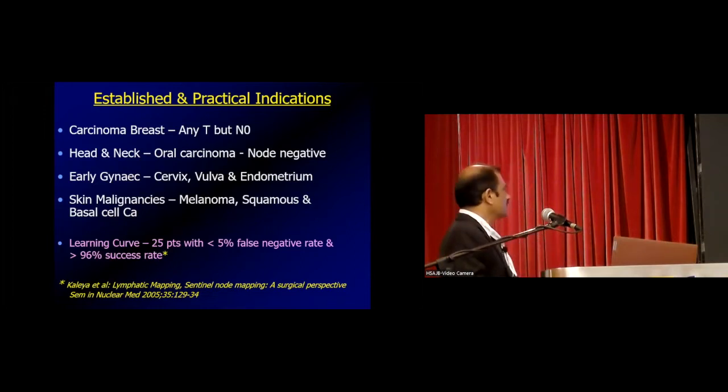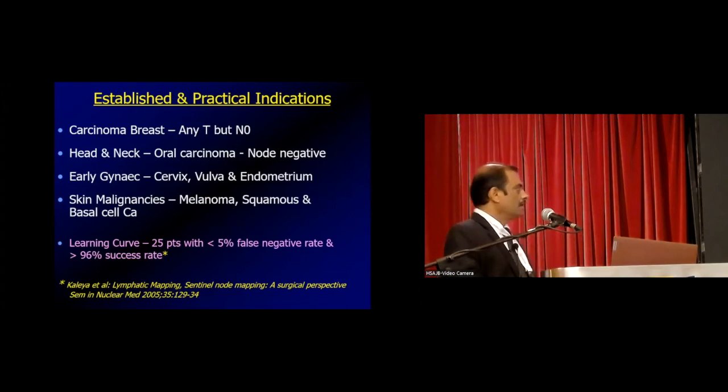So, this statement is very important for practicing clinicians. When I can confidently say that I have a good experience and confidence with sentinel node, you have to perform at least 25 patients with less than 5% false negative rate and more than 96% success rate.